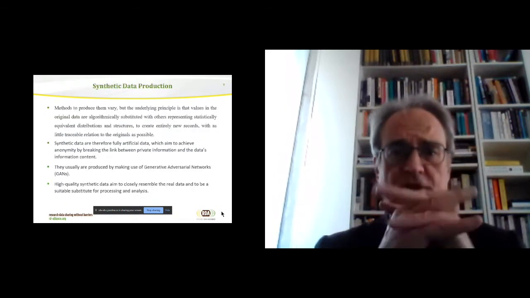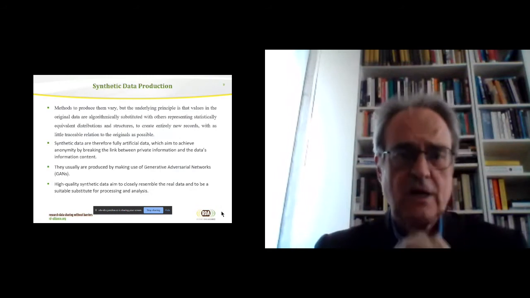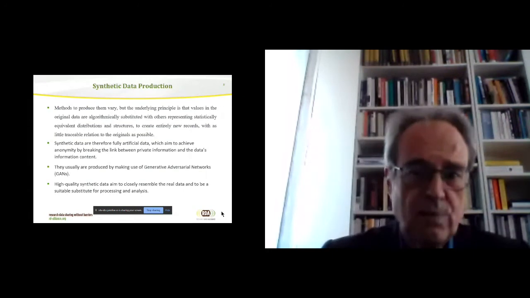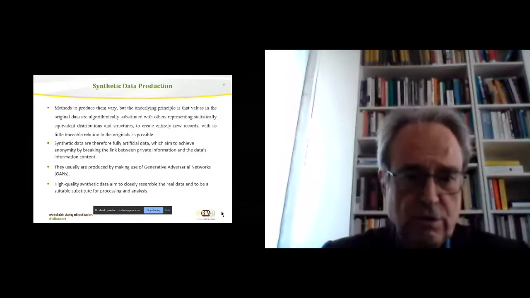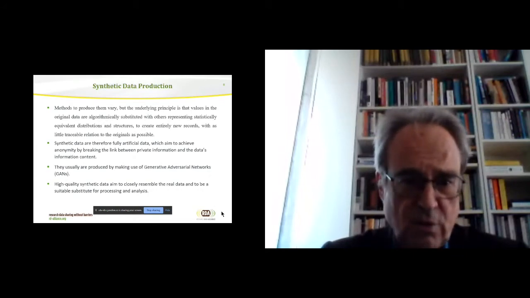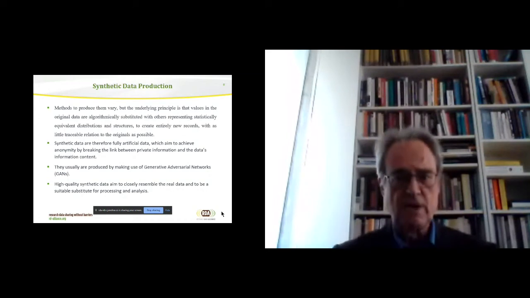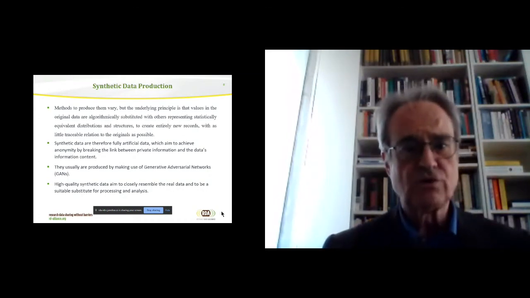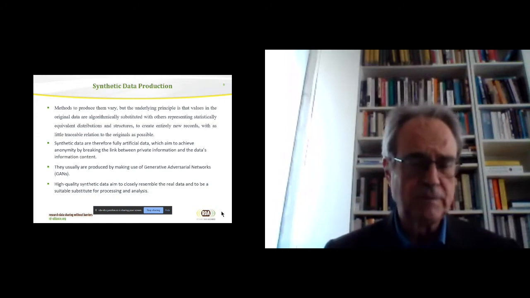If we look at how synthetic data are produced, we see that the methods vary, but the underlying principle is that values in the original data are algorithmically substituted with others representing statistically equivalent distributions and structures, to create entirely new records with as little traceable relation to the originals as possible.